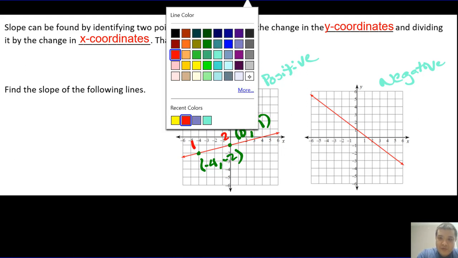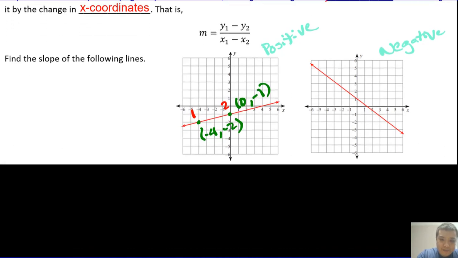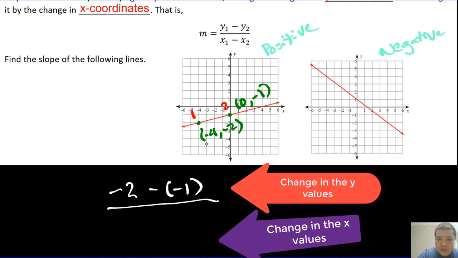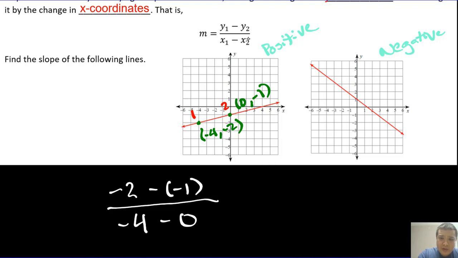So to find the slope for that, we're going to take the change in the y values. So -2 minus -1 over the change in the x values, -4 minus 0. Notice how the y2 and the x2 have to come from the 2 position, the 2 dot, and the y1 and the x1 have to come from the 1 dot.